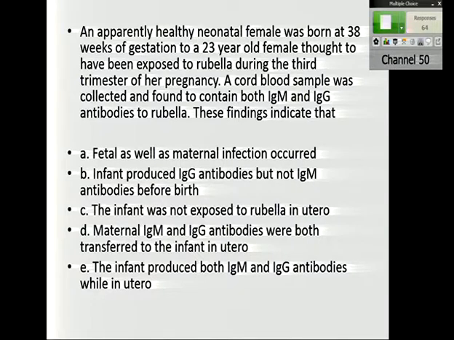Now in a long-standing infection, yes, it can produce IgM and IgG in utero. That is possible. But fetal as well as maternal infection occurred is definitely more appropriate because mother and baby are both infected, isn't it? Isn't that more appropriate than E? Yes. So that's why.